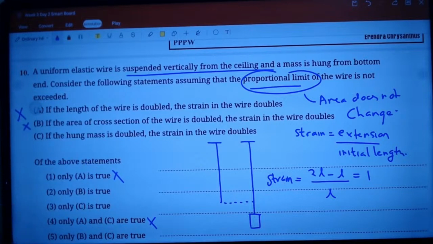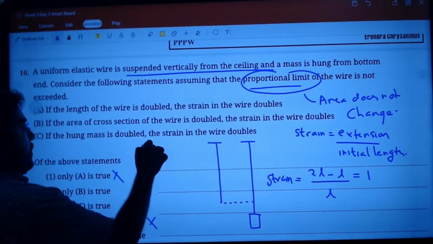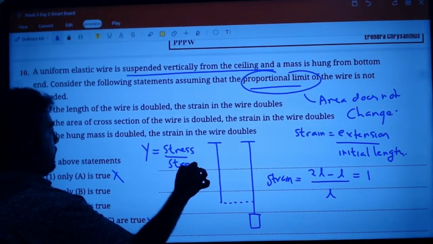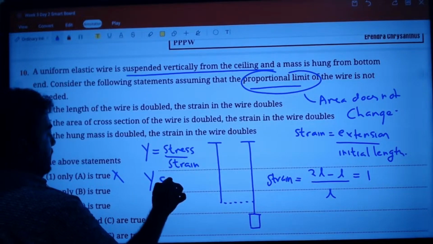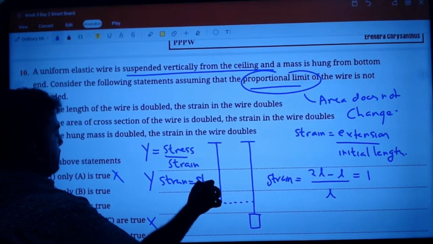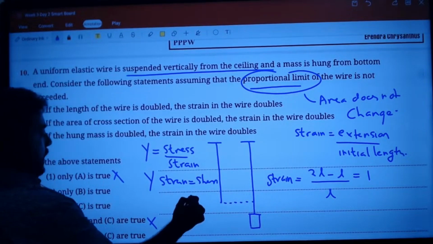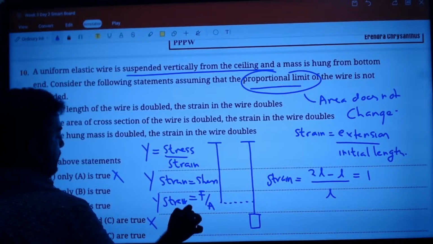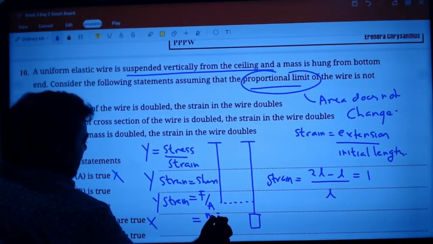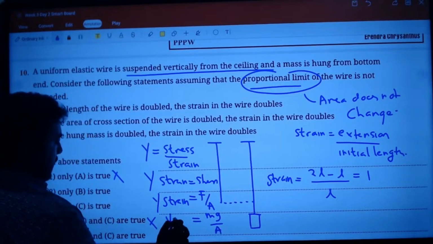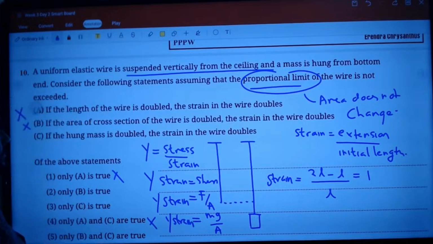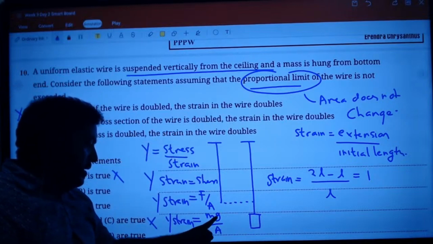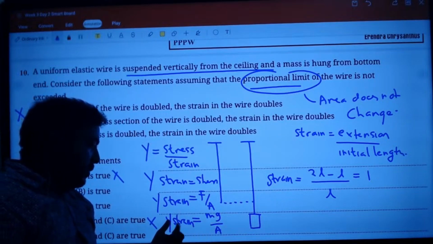If the hung mass is double, the strain in the wire will also double. Young's modulus is stress divided by strain, so Young's modulus into strain is equal to stress. Here stress is force divided by area, with force equal to weight mg. Within the proportionality limit, area is not changing, g is not changing, and Young's modulus is constant for the metal.